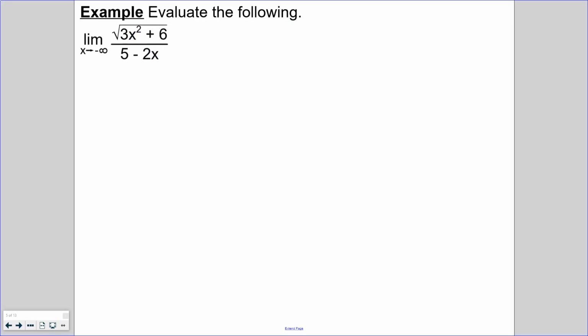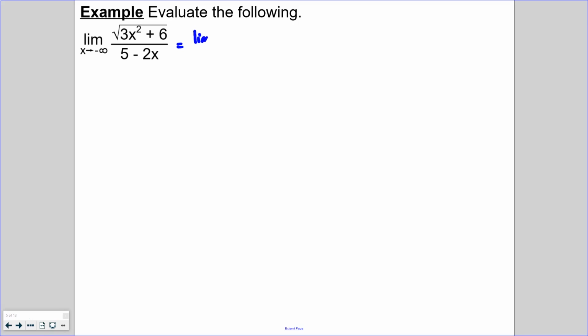Alright, our next example is going to look eerily similar to our first example, with the only difference here being the fact that we're now going towards negative infinity, which means a lot of our work is going to be the same. So I'm just going to first go ahead and skip some steps. I know that I can factor out that x squared from the radical, I can factor out the x from the denominator, so we've already done that in the last example, so we'll skip that here.